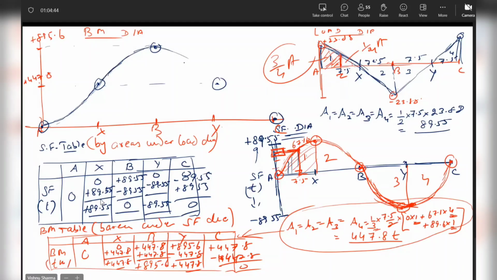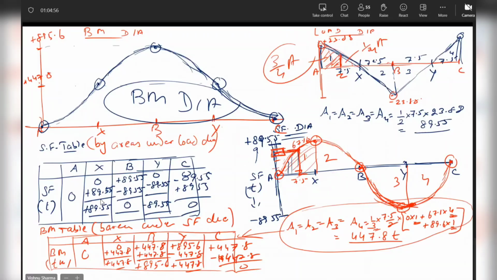Just flip it horizontally and a mirror image of it will come on the other side. You'll have this as the BM diagram for this question. No need to do anything more. End of the story. Right here plus 895.6, plus 447.8, plus 447.8, and that's the end of the story. That's your question done. It's an MMD question done from end to end.